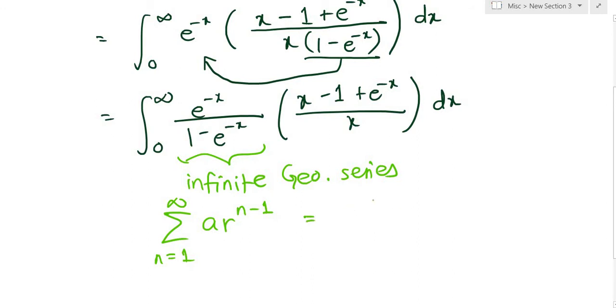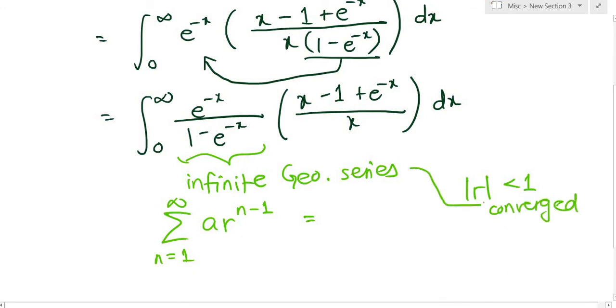Well then, if the absolute value of the ratio was less than 1, then the geometric series converged, and we can directly find the sum of the infinite series by the formula a, which is basically the first term, over 1 minus r.